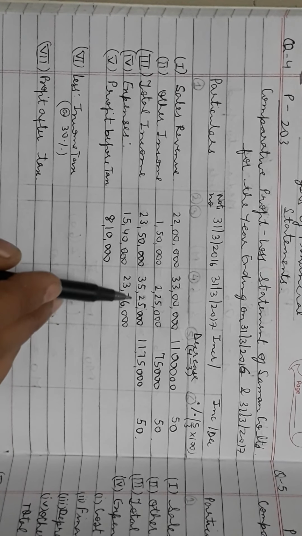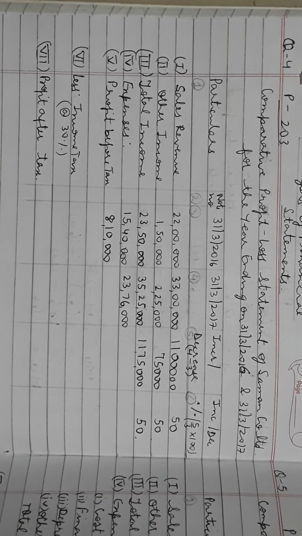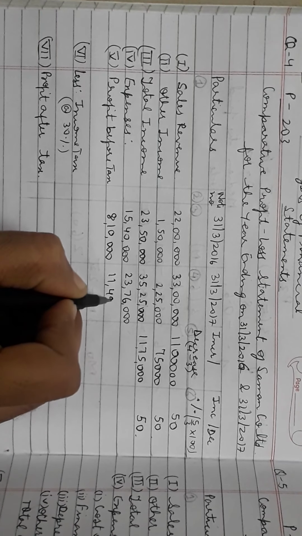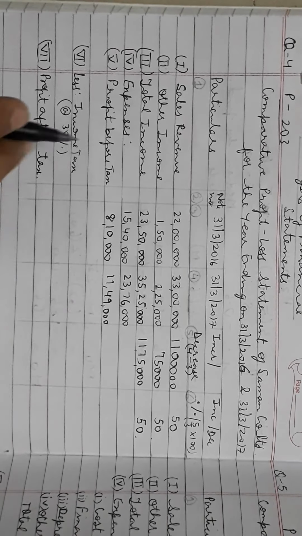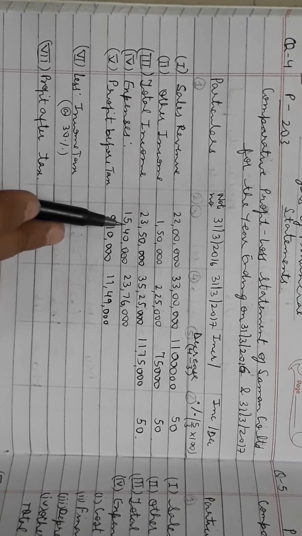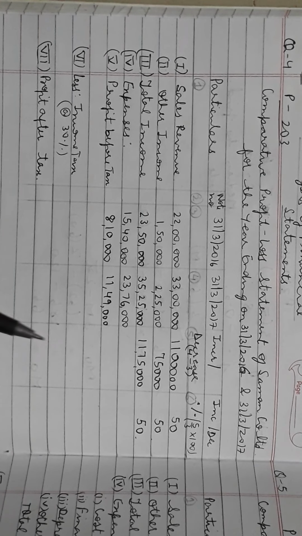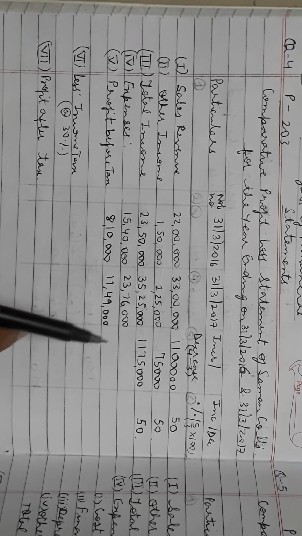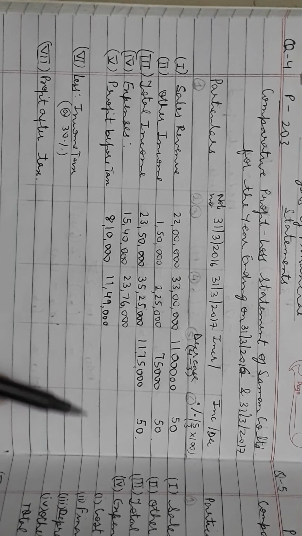Similarly for 2017, 35 lakh 25,000 minus 23 lakh 76,000, so we have got 11 lakh 49,000. Profit before tax is total income calculated here minus expense. Now the income tax rate is given as 30%. We will calculate this increase decrease and percentage afterwards.